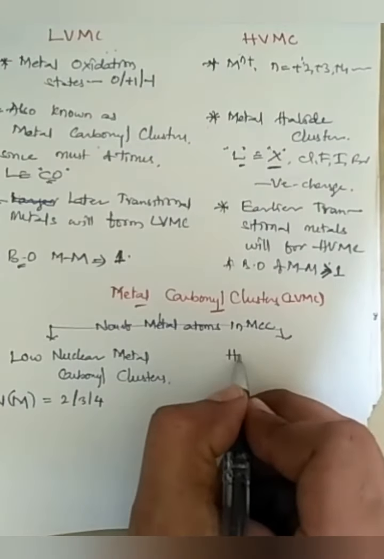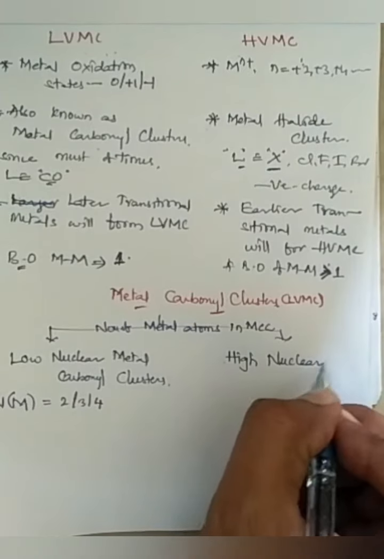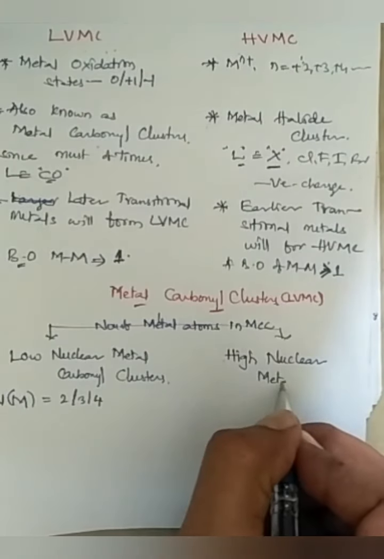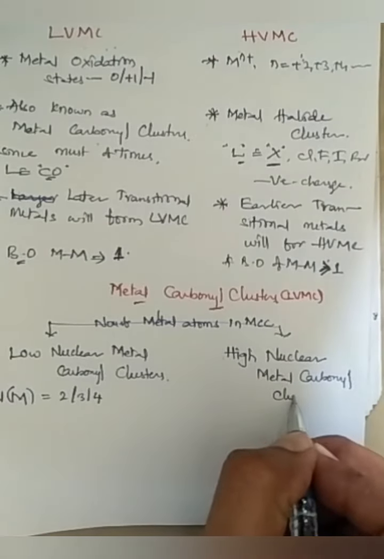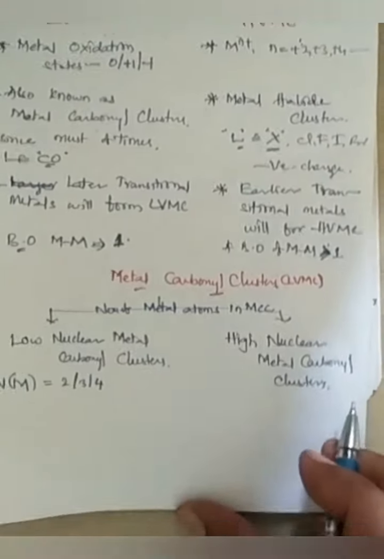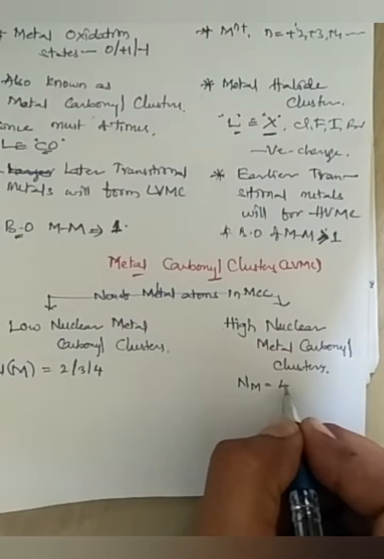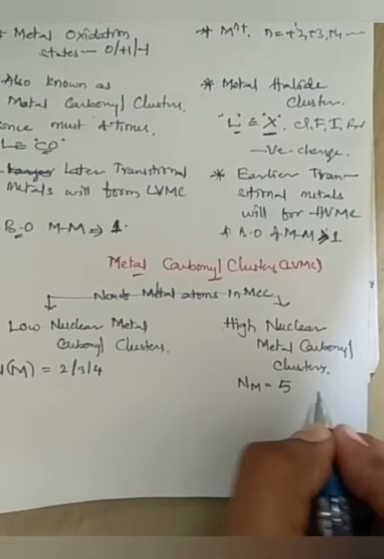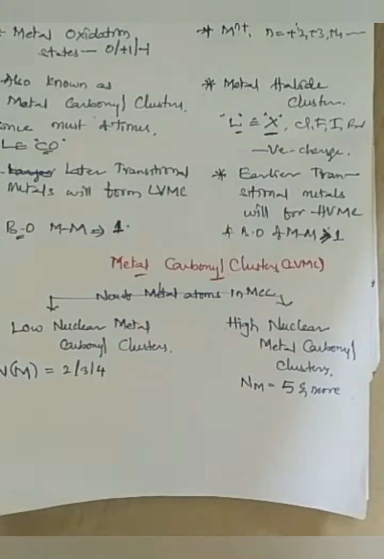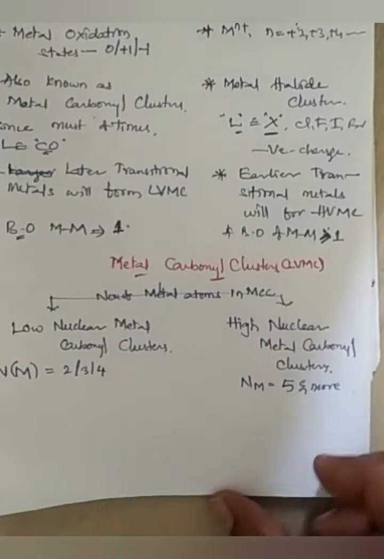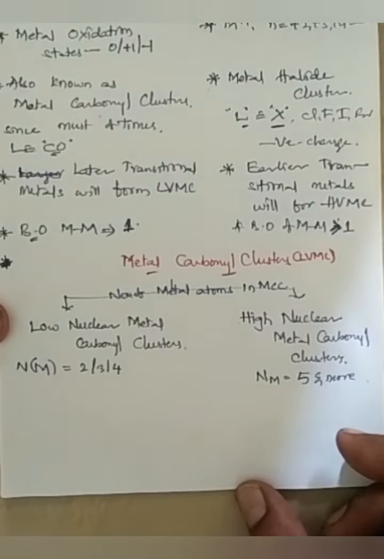And the second class is known as high nuclear metal carbonyl clusters, where the number of metal atoms will be 5 and more, right? So that's how we have high nuclear and low nuclear metal carbonyl clusters.